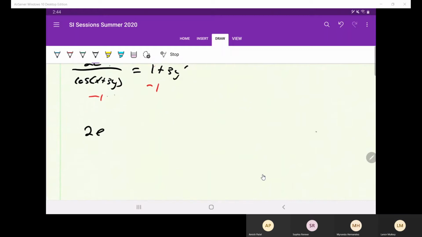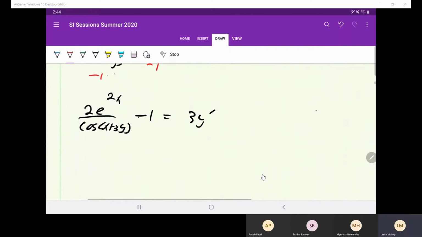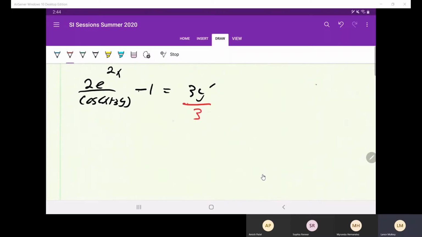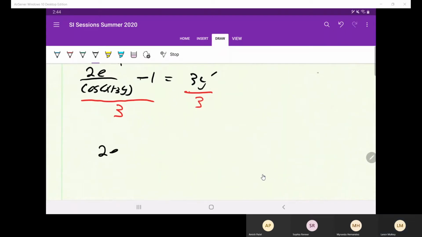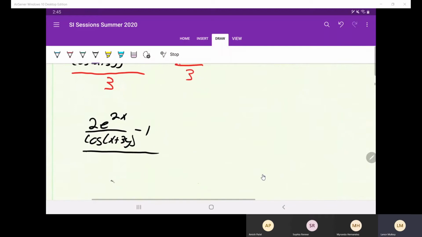You end up with minus 1 plus 3y prime, equals. So now divide both sides by 3 to get y prime by itself. So now, and that's your answer. Any questions on how I did that?